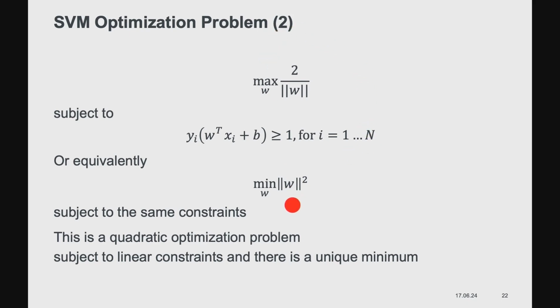Now, instead of doing the maximization, we can also do the minimization under the same constraints, and instead of minimizing the absolute value of w, we can also minimize w square. I mean, that's something we had before also for linear regression.